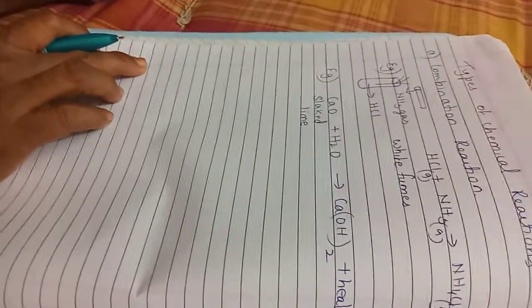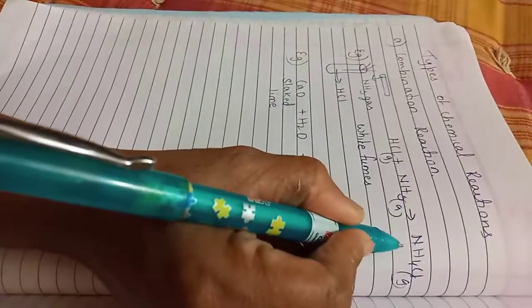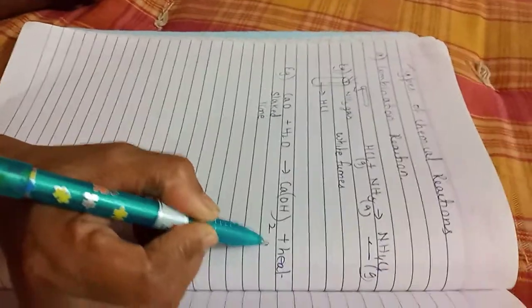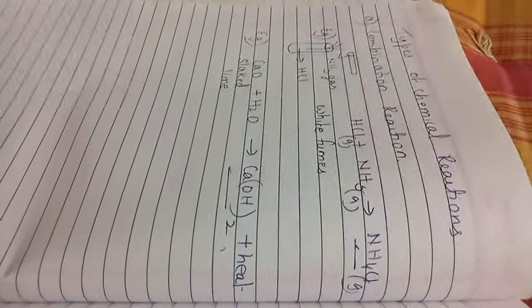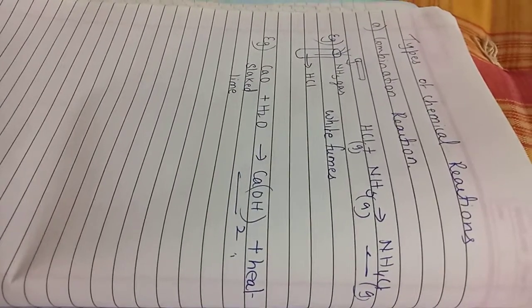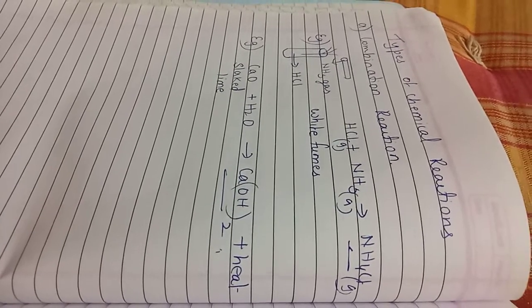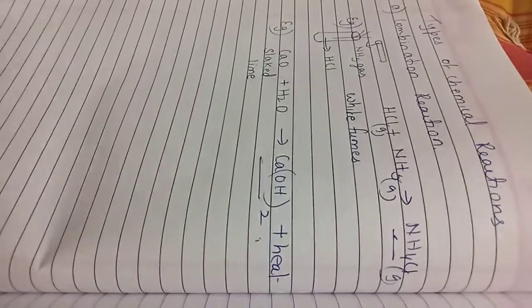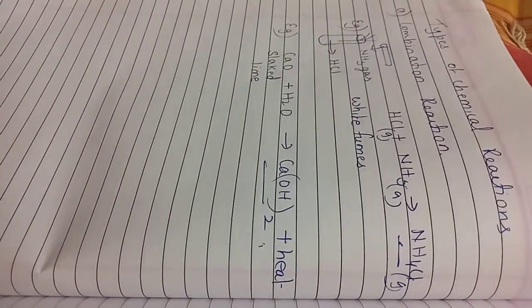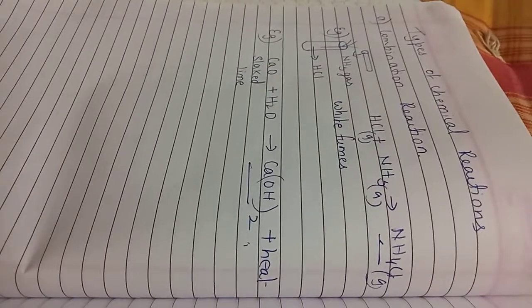What are you finding here? We are finding that, students, two reactants are chemically combining to give a single product. When two or more reactants react to form a single product, then it is called a combination reaction. The reactants are two or more, but the product is single.